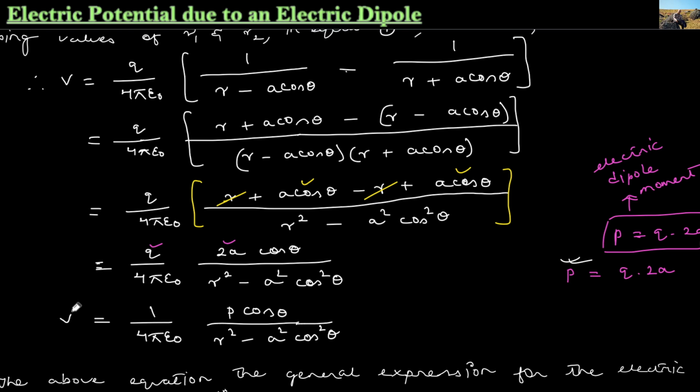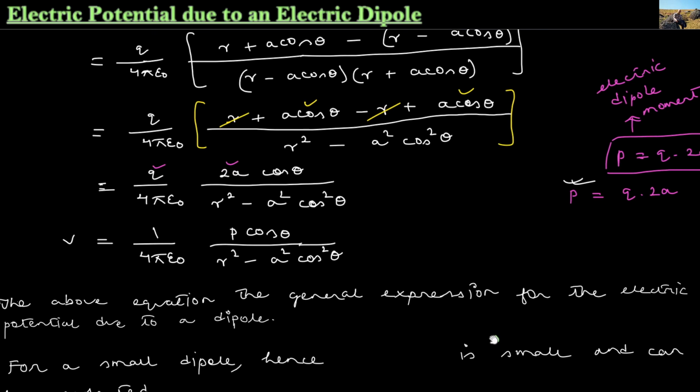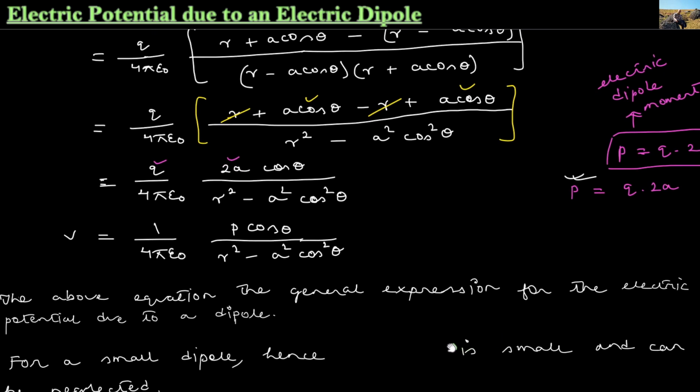This is the general expression for the electric potential due to a dipole at any point. So from here, this is that expression.